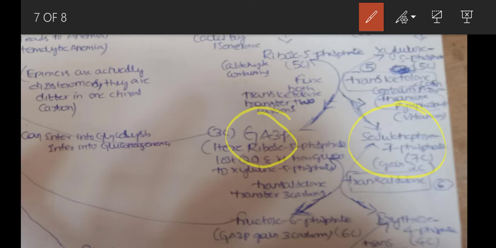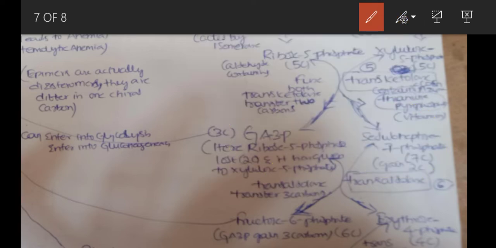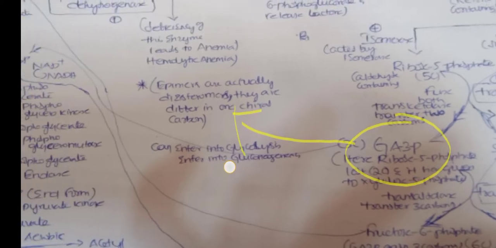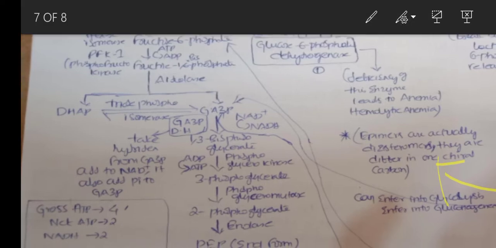The 3 carbon sugar, we already know, is glyceraldehyde 3-phosphate, which we studied in the glycolysis pathway. What is the fate of this glyceraldehyde 3-phosphate? It may enter into the glycolysis pathway. See here, fructose 6-phosphate will be converted to fructose 1,6-bisphosphate, and by aldolase enzyme we get a ketone group and an aldehyde group.